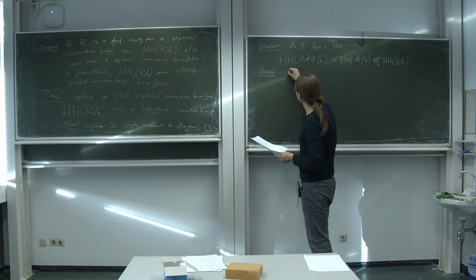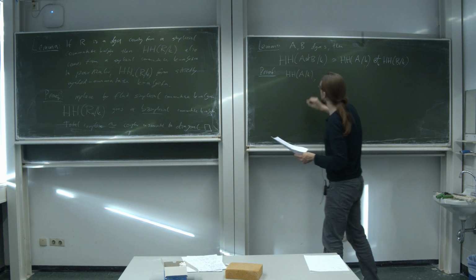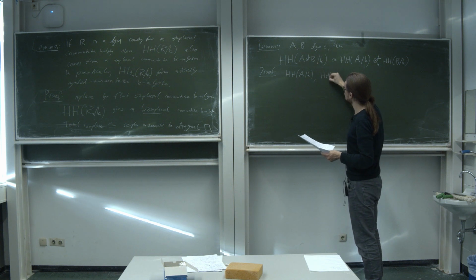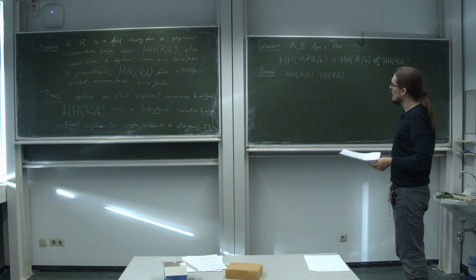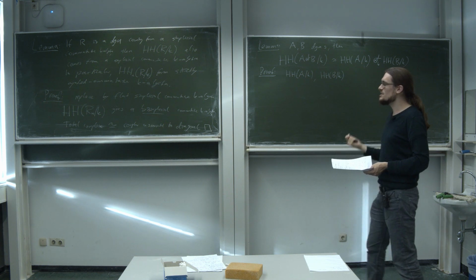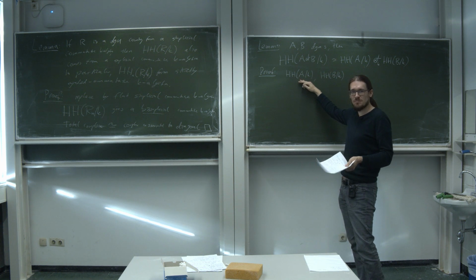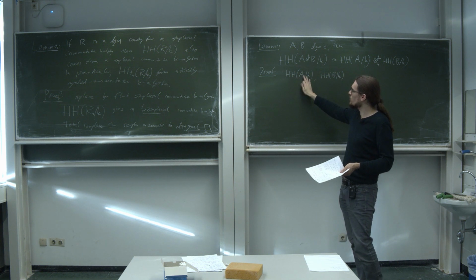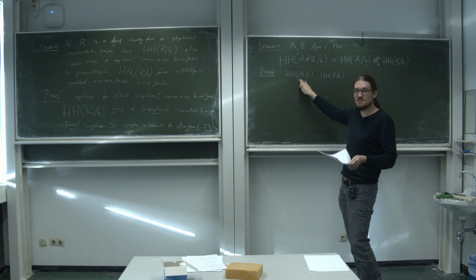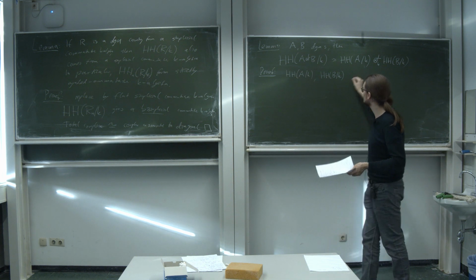And then both the Hochschild homology of A and the Hochschild homology of B actually come from simplicial DGAs, right? We took some total complex of some bicomplex, but before we do all of that, we can really write down a simplicial diagram of DGAs for both of these things.